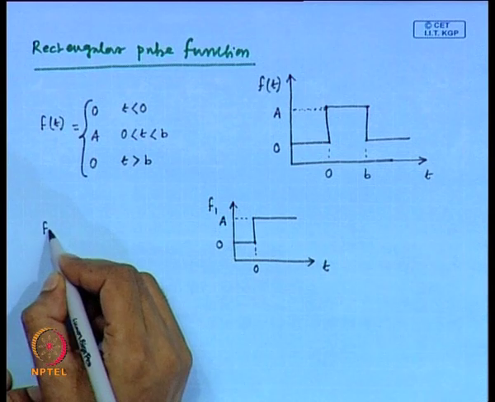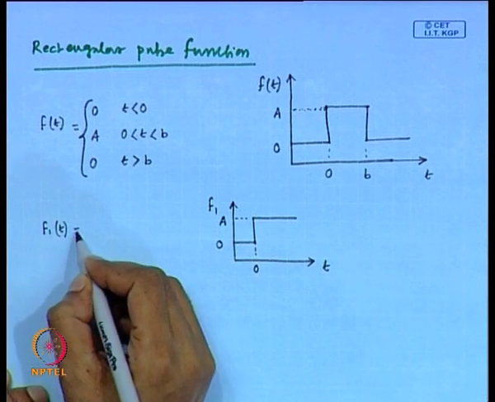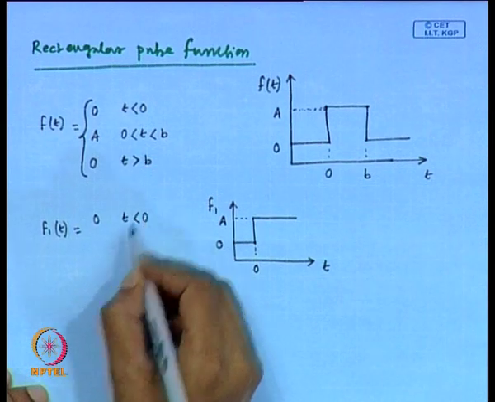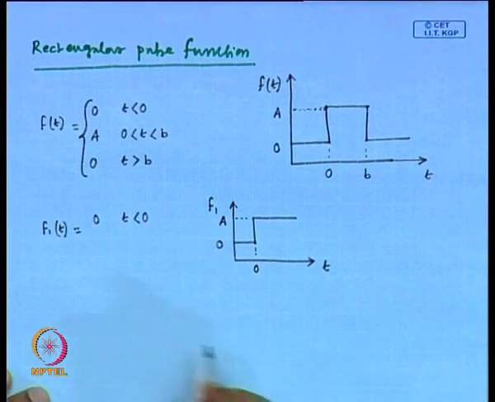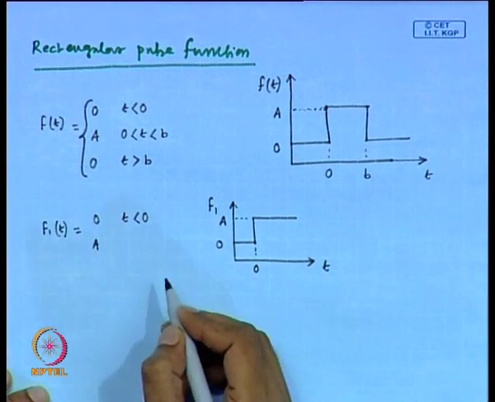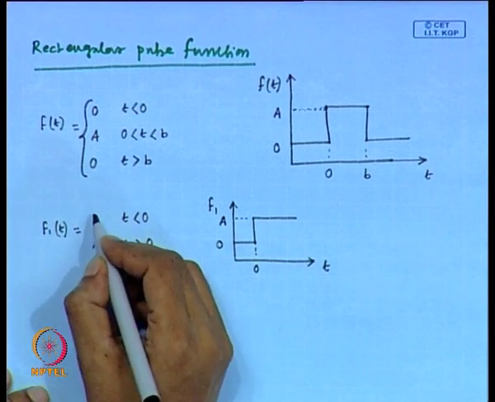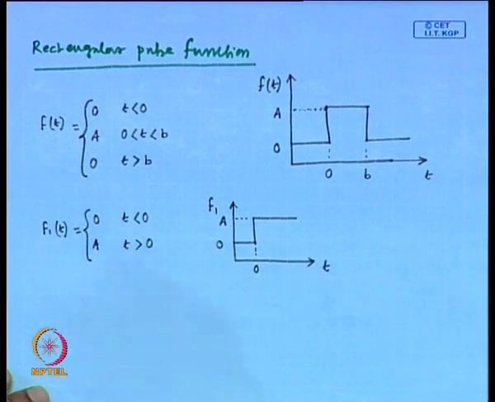So, f 1 t equal to 0 when t is less than 0, and this is equal to a when t is greater than 0, fine.